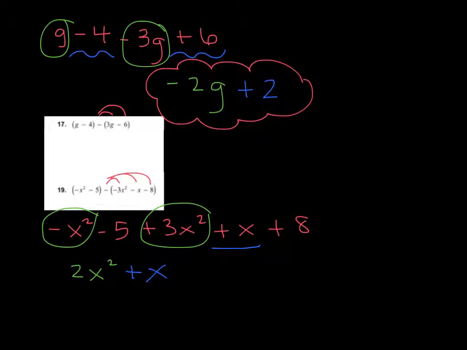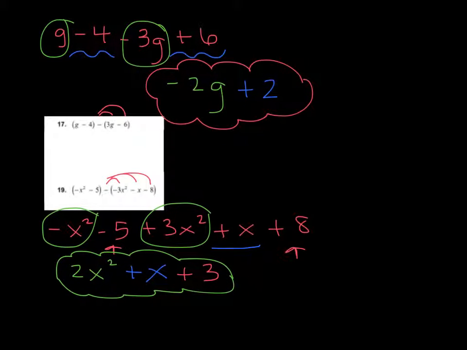So plus x, and then I have minus 5 plus 8, which would make positive 3. And then this would be my simplified answer. It is a trinomial because there's 3 pieces, degree 2, which is quadratic, and the leading coefficient is also 2.